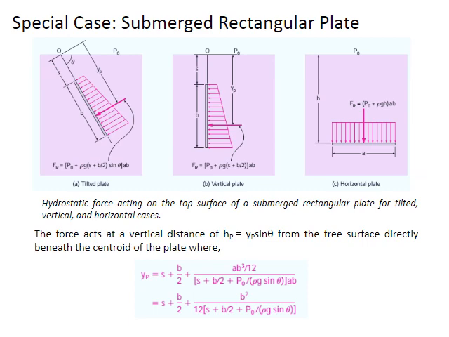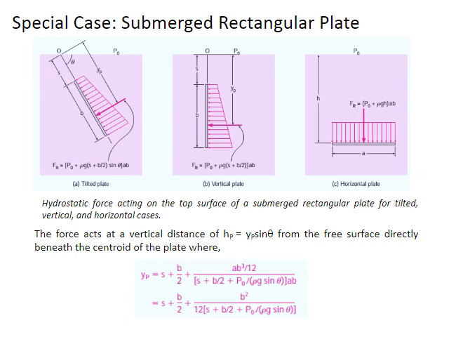In the case of the horizontal plate, the pressure is distributed uniformly throughout the length of the plate. If you want to find the resultant force, it will be equal to P naught plus rho g h into AB. So that is very easy to understand.